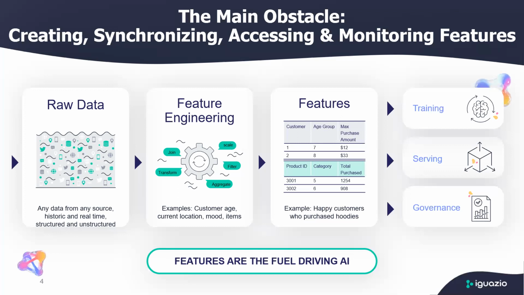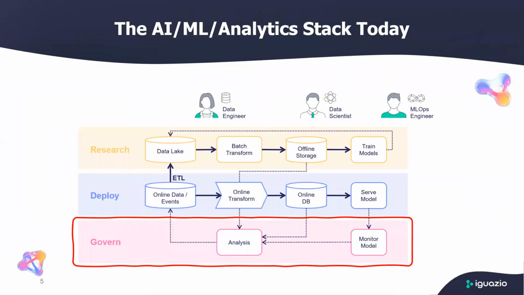But the real problem is, how do you get the data for this training, how do you get the same data for production, and how do you monitor the data in production and in training, which is essentially the same. So let's look at what this stack looks like.